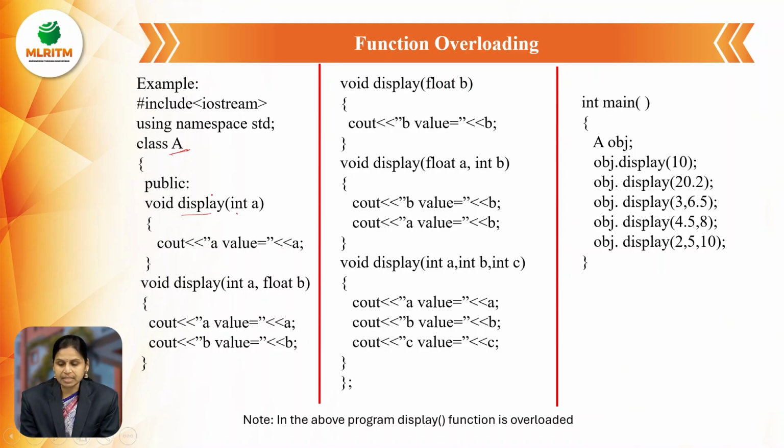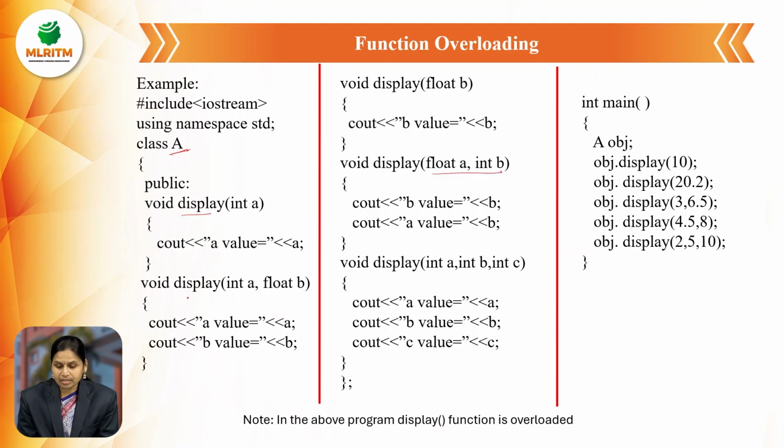In the first case and third case, the same function is used with only one parameter, but in the first case this function contains an integer parameter. In the third case, I am using a float data type parameter. So the first and third functions are differentiated by the type of the parameter. In the fourth case, I am using the same display function with two parameters, integer and float.